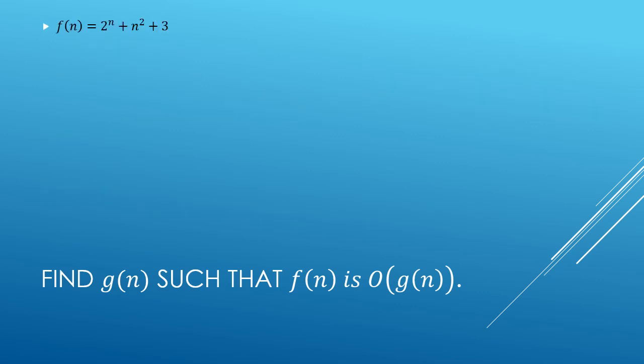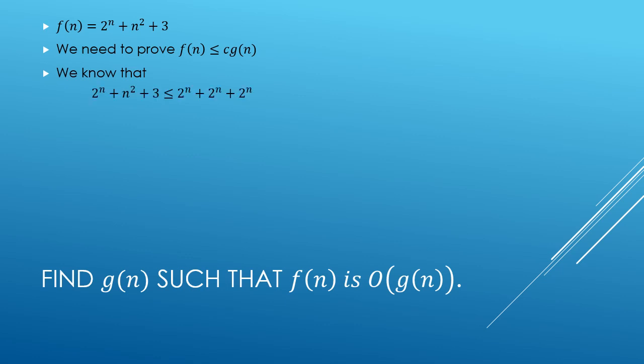Another function is this, 2 raised to n plus n square plus 3. We need to prove Fn is less than or equal to C times Gn. We know that 2 raised to n plus n square plus 3 is less than or equal to 2 raised to n plus 2 raised to n plus 2 raised to n.